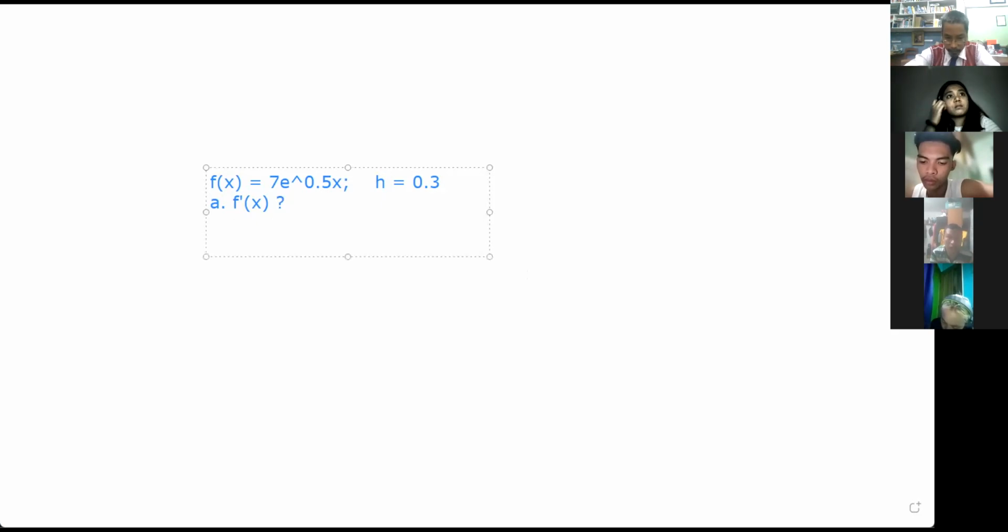The formula is f(x + h) minus f(x), divided by h. This is our approximation of the first derivative.